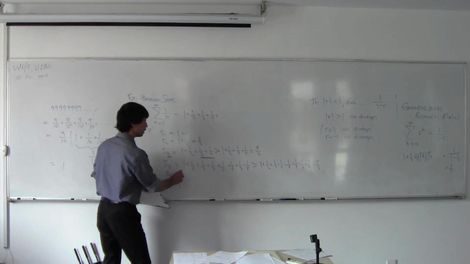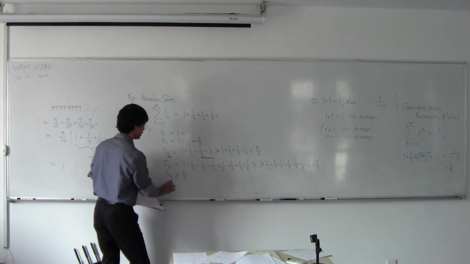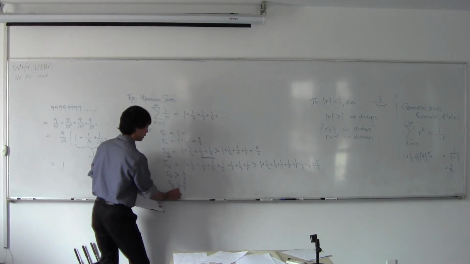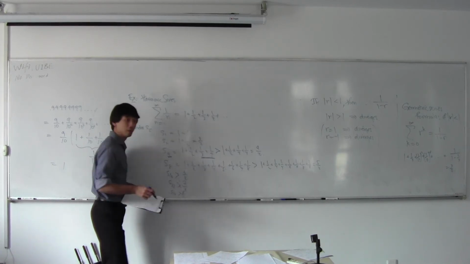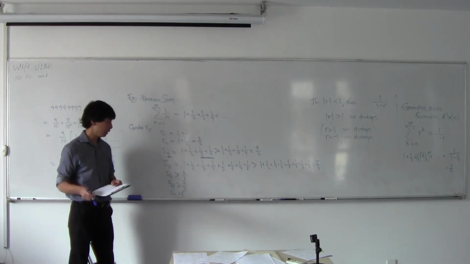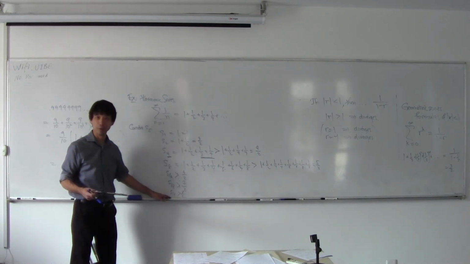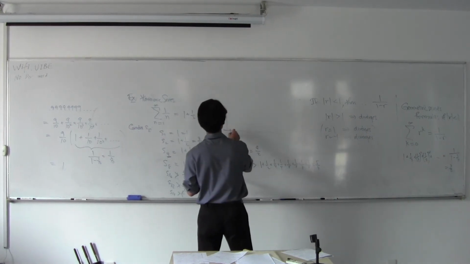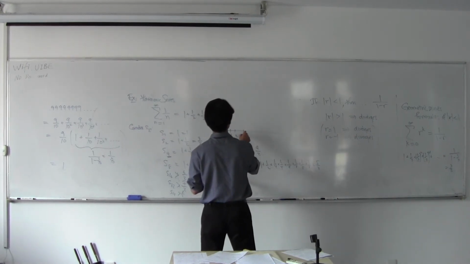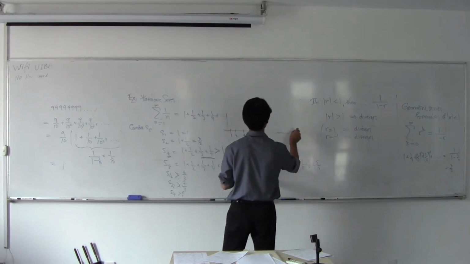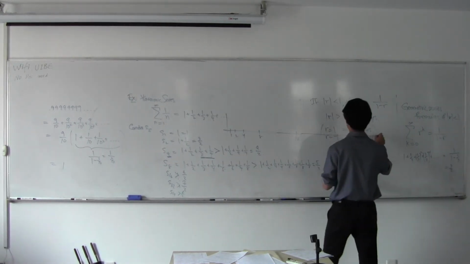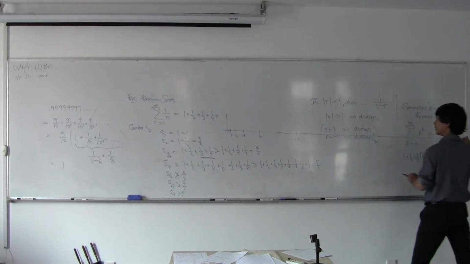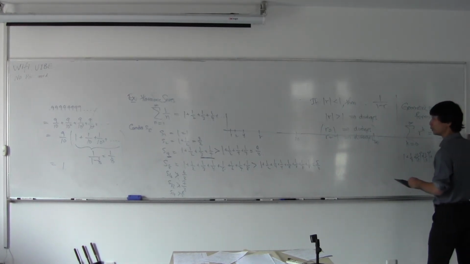S16 is going to be bigger than 6 halves. S32 is going to be bigger than 7 halves, right? S64 is going to be bigger than 8 halves, right? And you see that it's very, very slow, right? But every time, if I say 1, 2, 4, 8, 16, 32, 64, right?